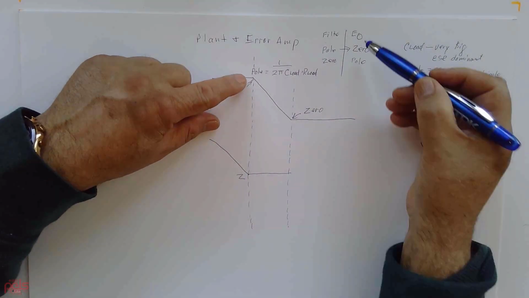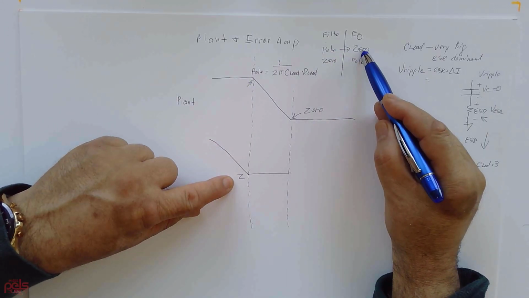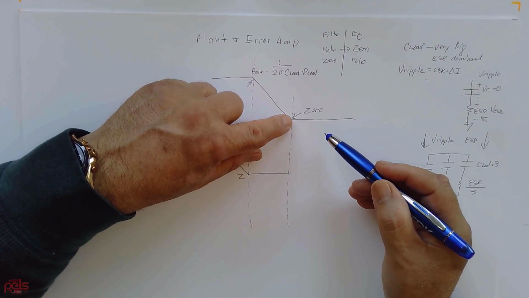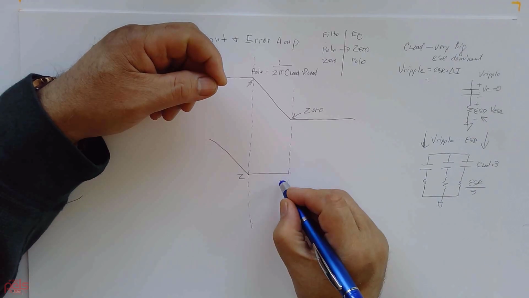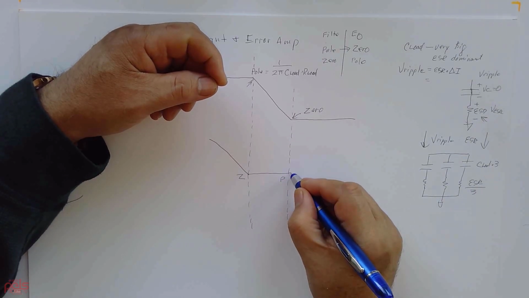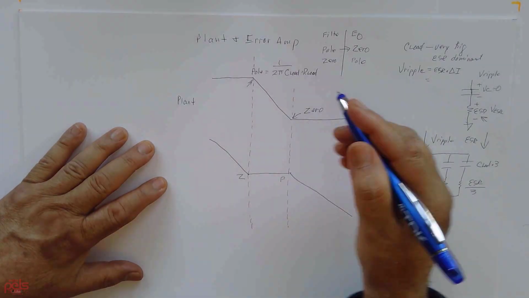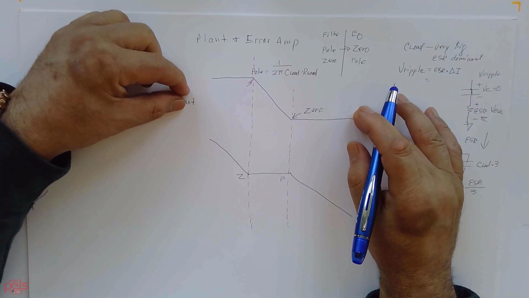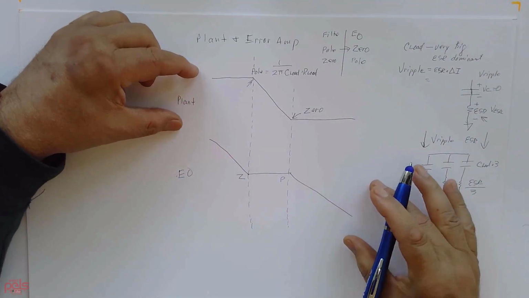So basically, you have a pole and you cancel it with a zero. Now we want to cancel that, which means we want to place a pole here. So this is the filter or the plant, and this is the EO or the error amp.